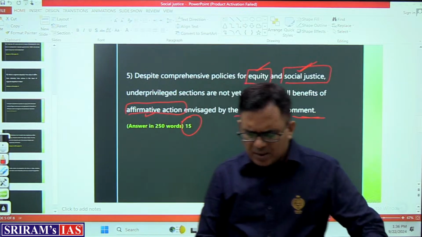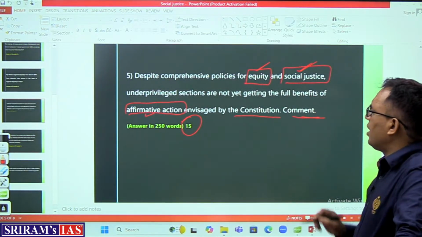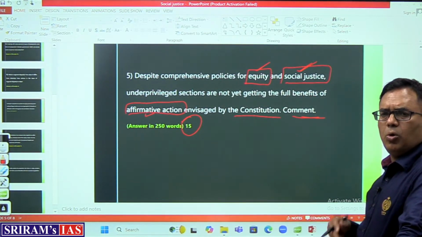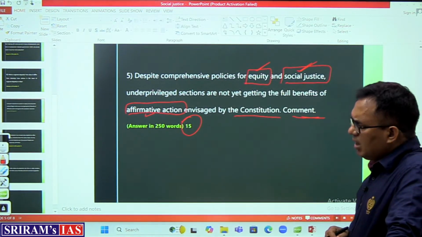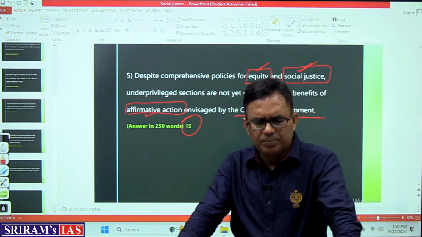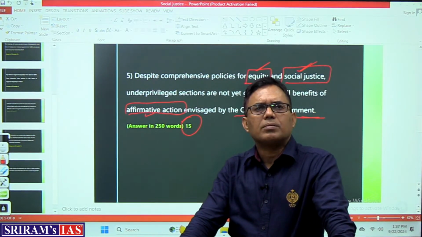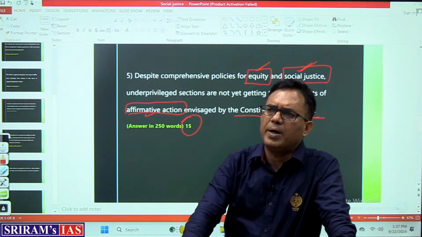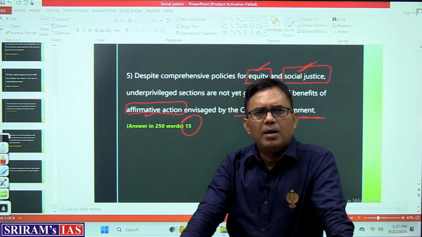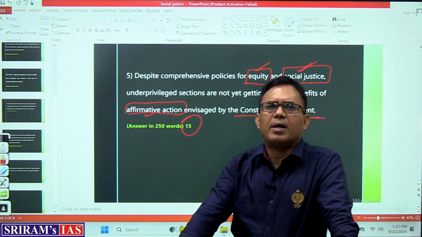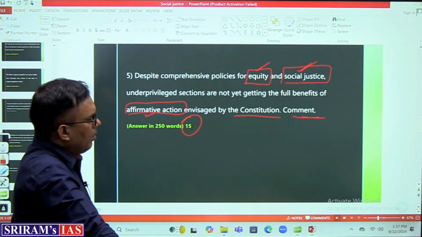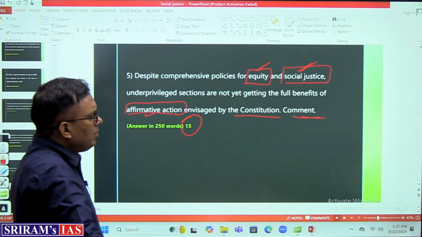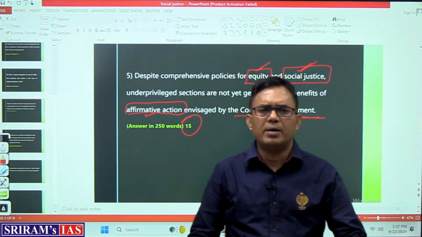And justice means fair treatment to those sections of society which are considered underprivileged. Affirmative action simply means the positive action taken by the state, by the government, so that there could be some action in favor of those who are considered underprivileged.